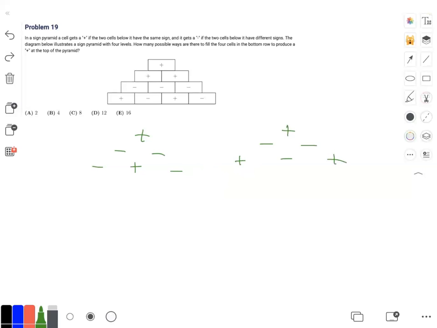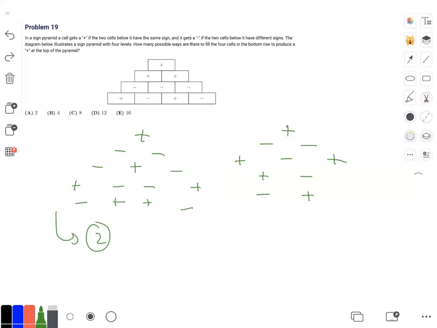We could have minus, minus, or plus, plus. Let's first see. If we were to have minus, minus, then these are automatically decided as plus, plus. And if we were to have plus, plus, these are automatically decided as minus, minus. So this would produce 2 cases. And then over here, this needs to be a minus. So we could have plus, minus, or minus, plus.